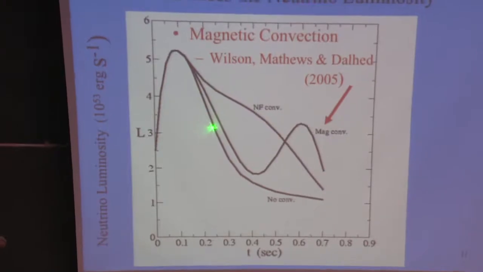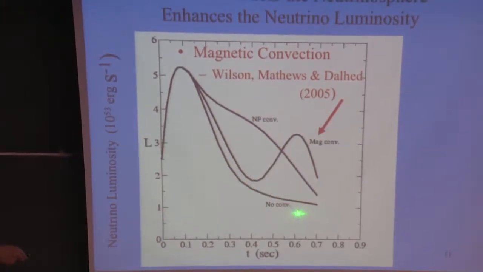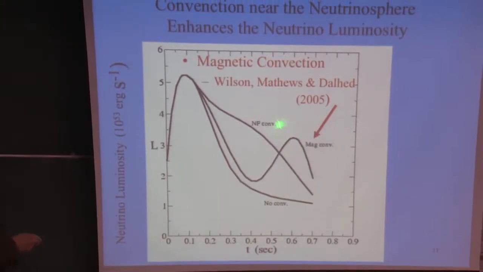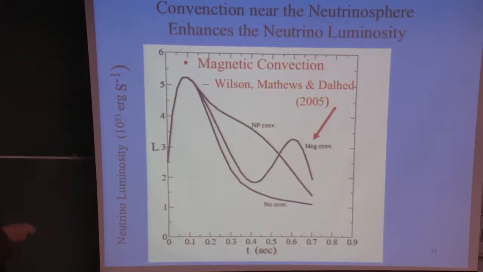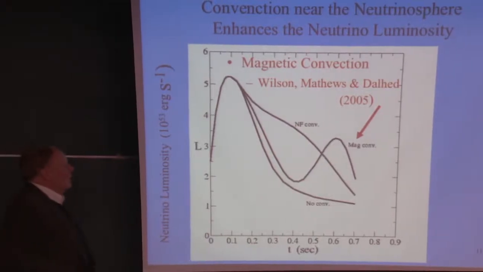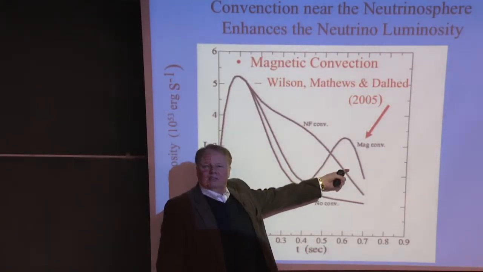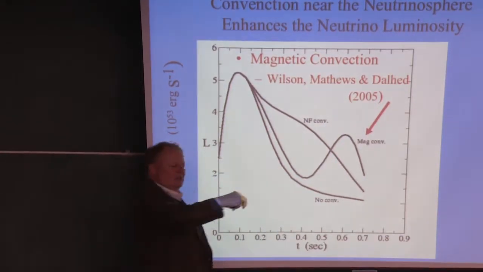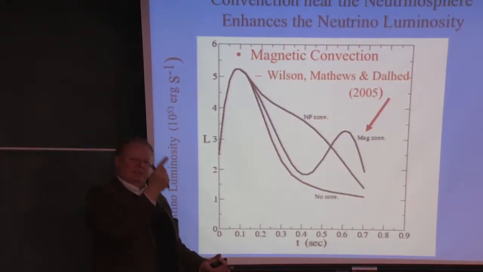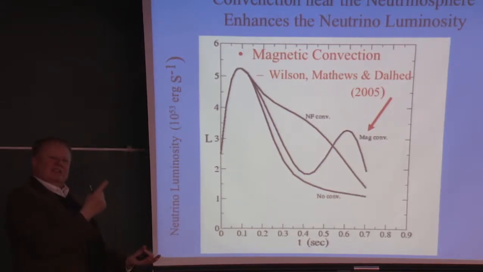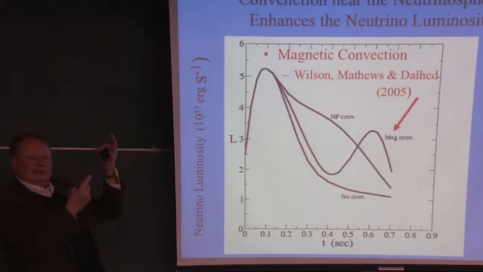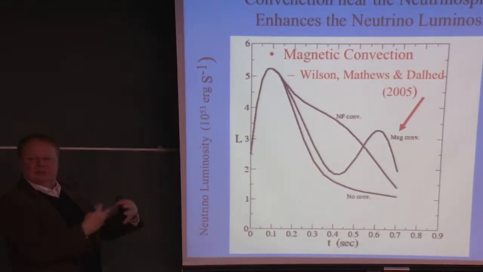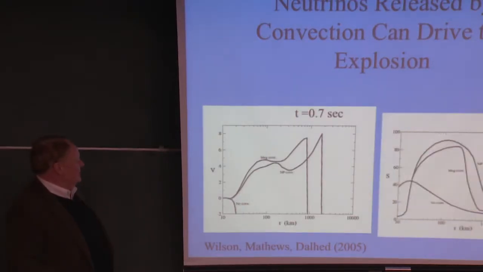If there's no convection, the neutrino luminosity dies away. We added convection either by this neutron finger mechanism, this dendritic instability, or we added magnetic turbulence. Either one drives the neutrino luminosity way up, because if you have convection in that neutron star, it pulls the neutrinos up and gets that luminosity high, and that's what drives the explosion.